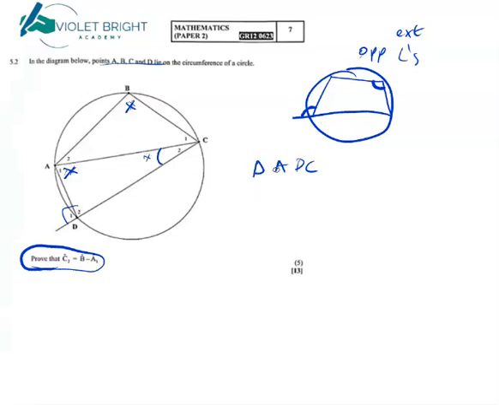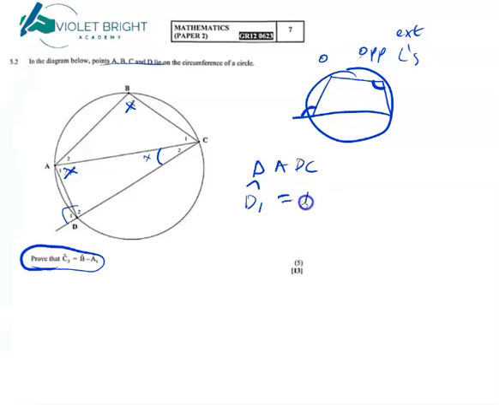So in triangle ADC, D1 is equal to the opposite exterior angle of a triangle. Right now we will be using this one or the other one; I'll show you they will still give us the same answer.